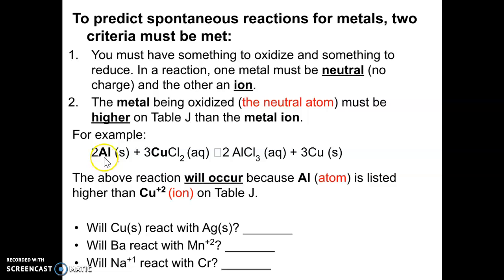So in this reaction, and I'm sorry, this should be an arrow, not a box, we have aluminum solid and copper is the ion. I know copper is the ion because you have a metal and a nonmetal, so it's an ionic compound. It also says that it's aqueous, which means that it is dissolved in water. So we have our solid aluminum and our copper ion.